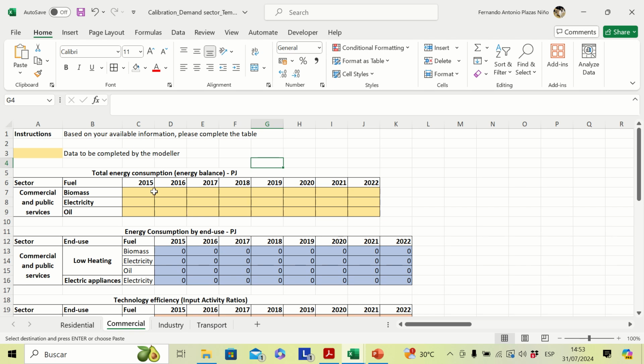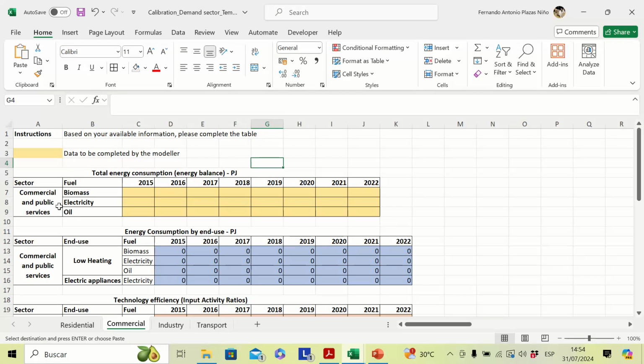We need to complete the first part about the energy balance for the commercial and public services. One important thing is that just in case that you have other sectors, like for example agricultural or mining, you can try to add those energy flows to this sector just for completing kind of the whole energy sector.